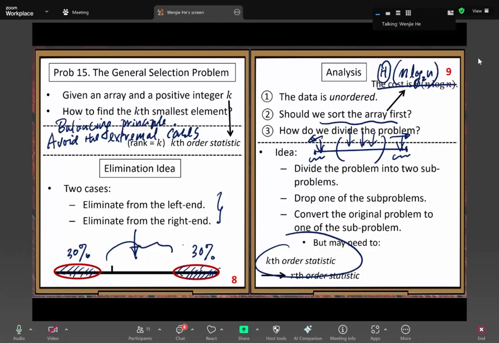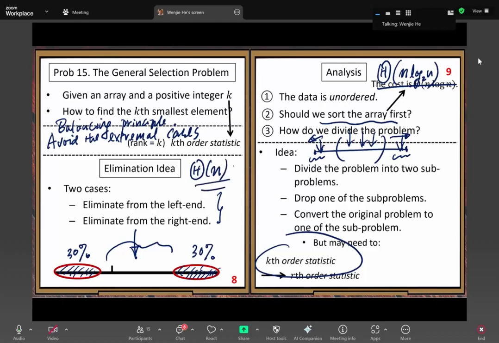In this way you can avoid the poor worst case situation. The final result, if you do divide and conquer with recursion, is that at the end you get an algorithm that is big theta of n.